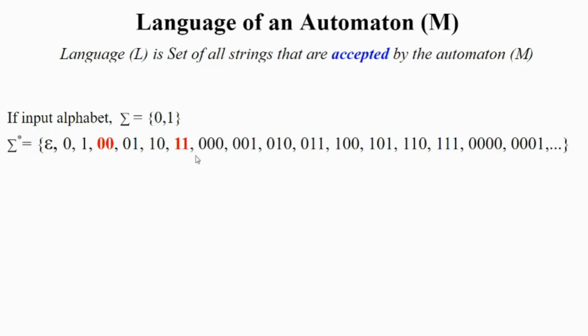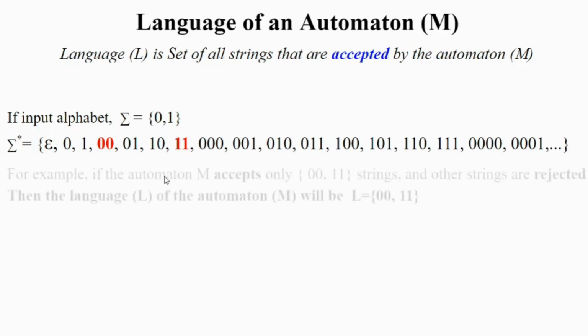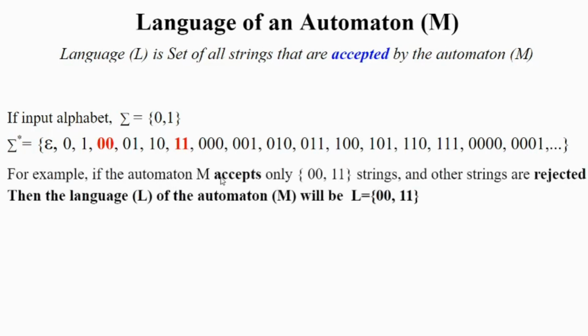Out of all these possible strings, the infinite number of strings, some strings will be accepted by the automaton, the machine, and the rest of the strings will be rejected by the automaton. So the language will be the set of those strings which are accepted by the automaton. For example, if the automaton M is accepting only these two strings which are in red color and other strings are rejected, then the language of the automaton will be 00, 11, that is these two strings only.